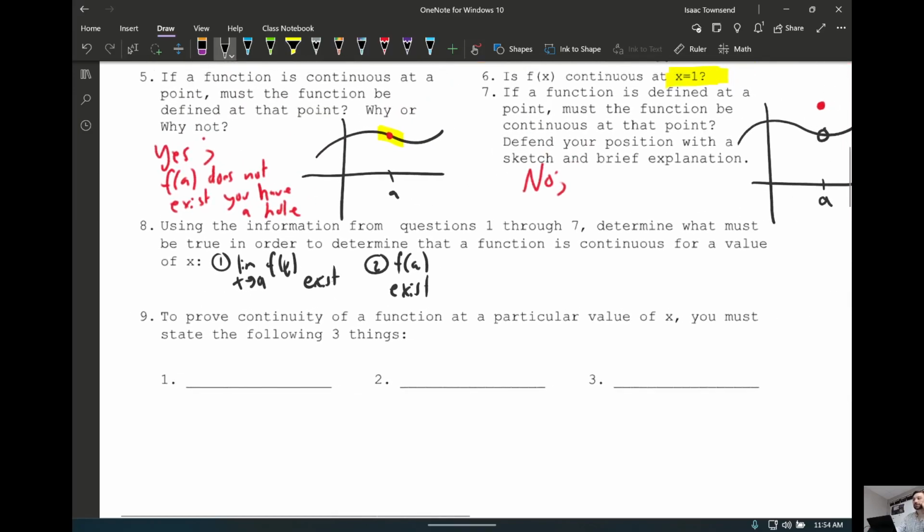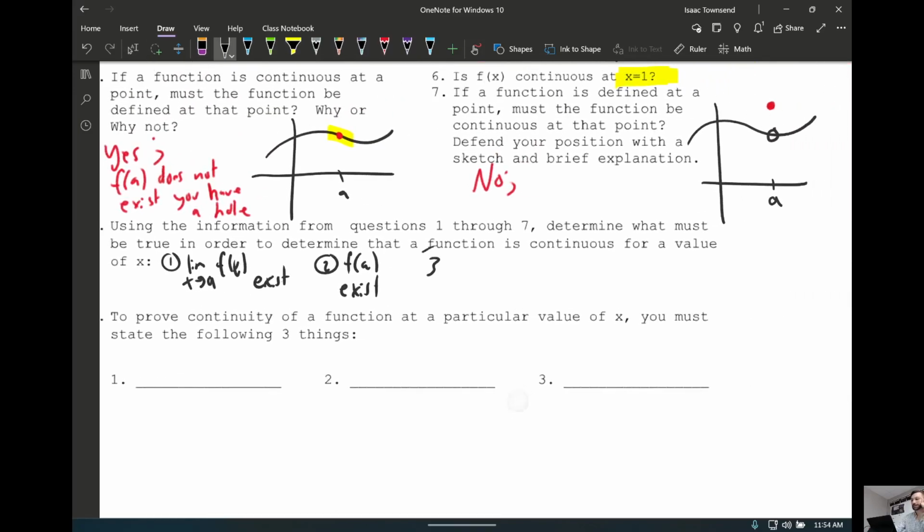And then this last part's the hardest to see. It's coming from this example that I drew here. It meets the first two conditions, but you can see it's not continuous. The limit exists, step 1, plus the point exists, step 2, but the point's not in the right place. For this to be continuous, this point would need to be down here.